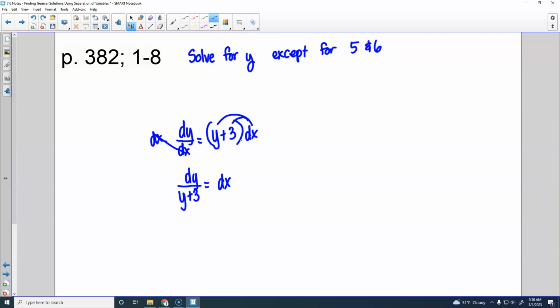The example that we did had a y plus a t, and we couldn't separate those. But if it is a constant, it can go on either side as long as it doesn't have an x or a y with it. And that was number 3.